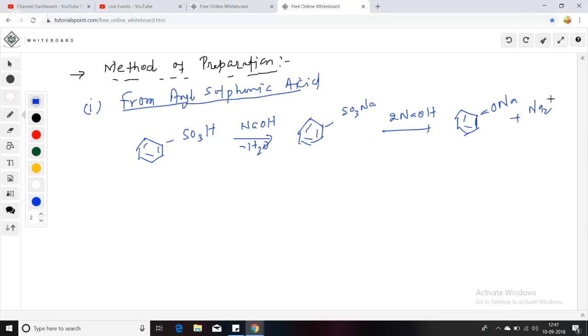plus Na2SO3 comes out. Now finally the sodium phenoxide, you put HCl into it, NaCl comes out, and we get phenol, OH, plus NaCl.